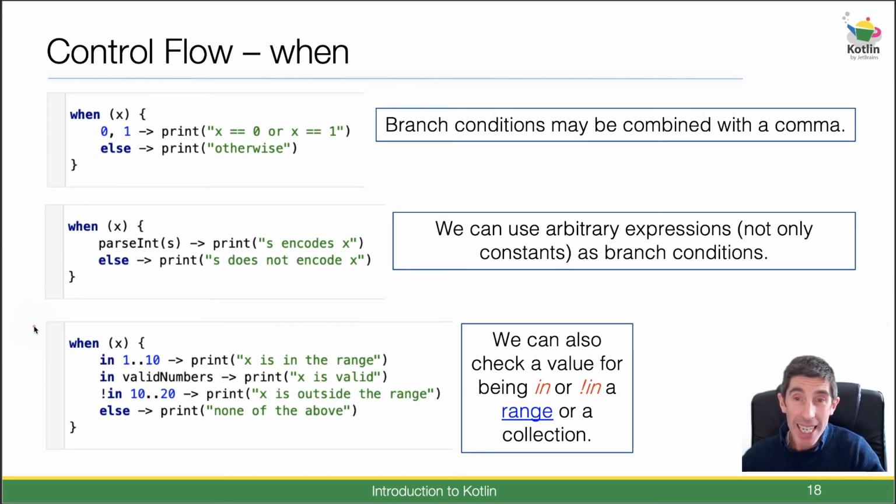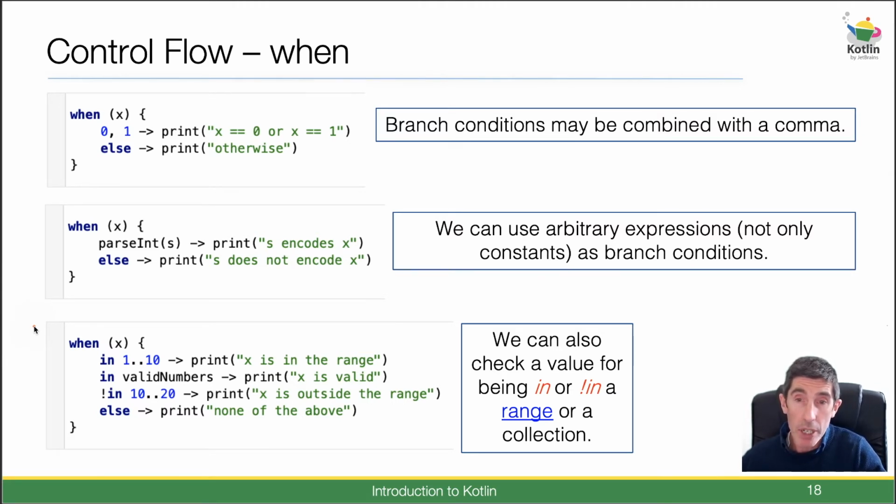If in valid numbers, so that valid numbers could be a list, could be an array list, whatever, of particular numbers. If that is the case, so that all happens behind the scenes, that whatever the value x happens to be will be compared individually to each element in that range, in that collection. Right, this particular example is a collection, and would print then obviously x is valid.